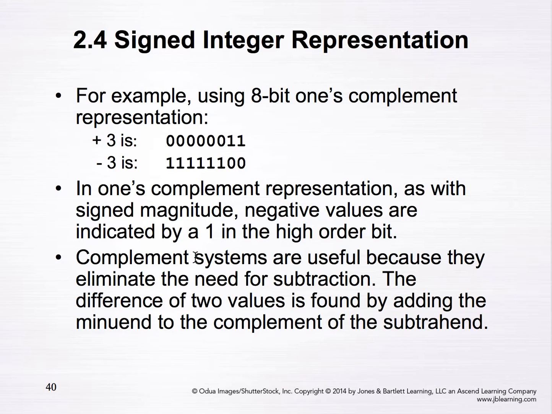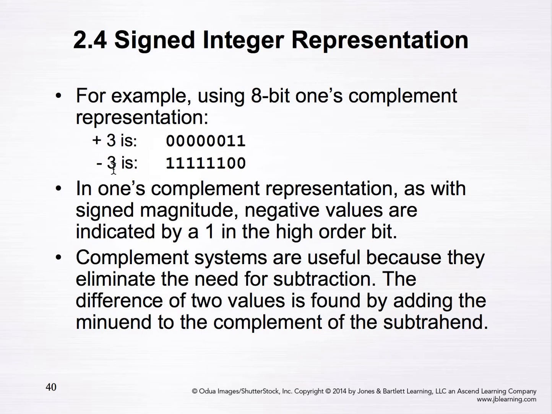Here's an example. Let's say using an 8-bit one's complement representation for the number positive 3. Basically, we just represent the number 3 using 8 bits. So that's the binary string. For the positive number, we have the same binary string representing the number 3.